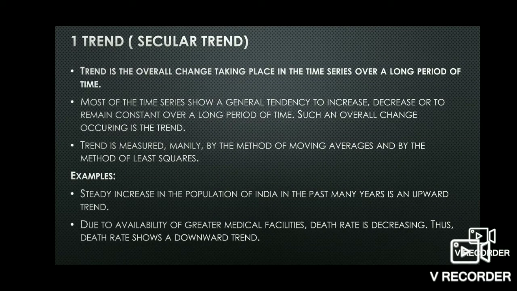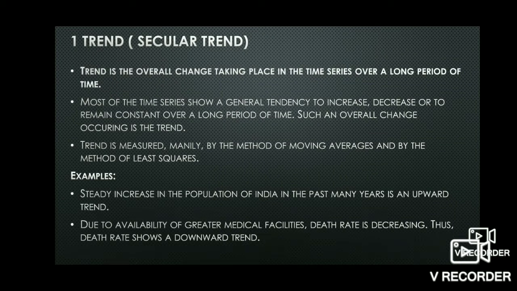Such an overall change occurring is the trend. The trend is measured mainly by the method of moving averages and by the method of least squares. We will study this measurement in further classes, that is, how to calculate trend by using moving averages and the method of least squares.